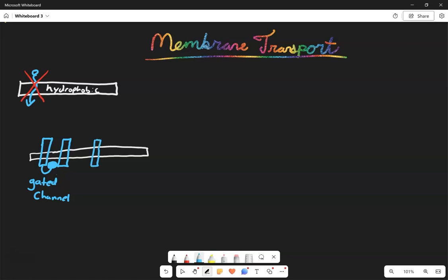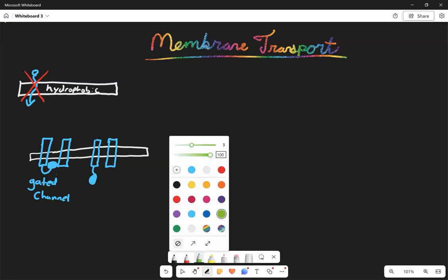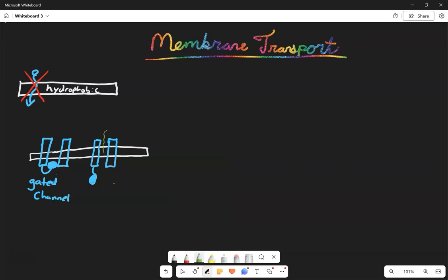Now, this protein can undergo a conformational change, and that ball swings out of the way and opens that channel up so that something, whatever it may be, can move through that channel. Over here, where it's gated, it can't move through the channel. It's blocked.